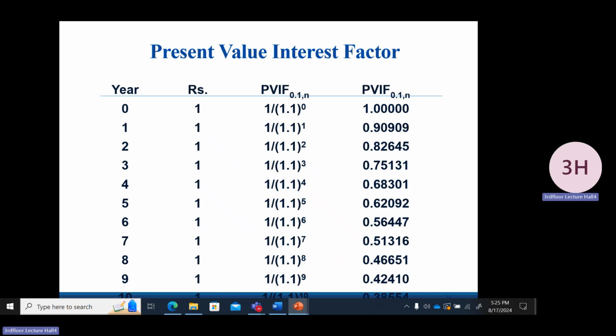Inflation, risk, all these things are there. Time value of money is the reason. So the theoretical reason is the concept of time value of money. Over time, the value of money is decreasing.